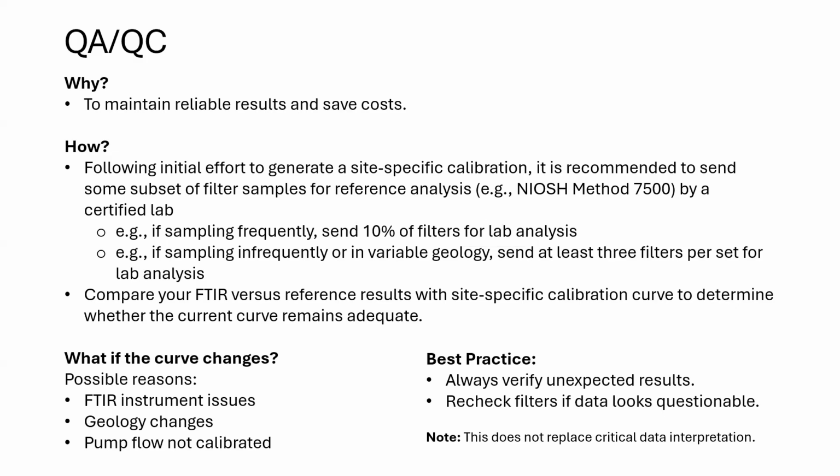This helps you maintain a consistent check on your data quality. If you start getting results that don't seem reasonable, do not accept them without verification. Always verify unexpected results in your filters through external analysis and review your procedures. Remember, this process is not a substitute for expert data interpretation. You still need to carefully evaluate and think critically about your results.